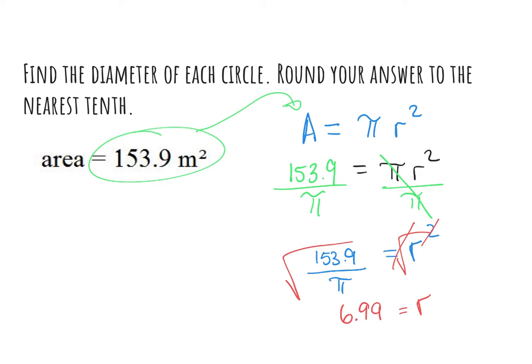If I were to round to the nearest tenth, I would get 7. So let's say r is 7. But I did not answer the question because it wanted to know the diameter. Well, I know that the diameter of something is just the radius times 2. So 2 times 7 would give me 14, which is the diameter.